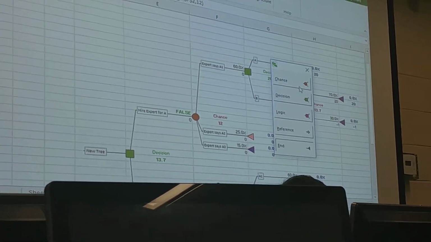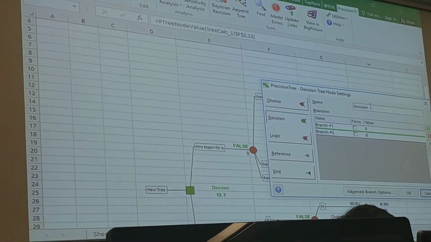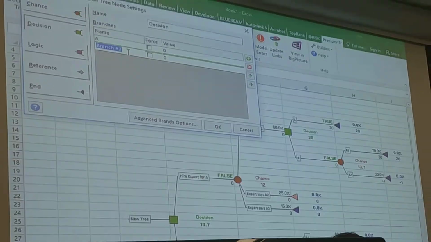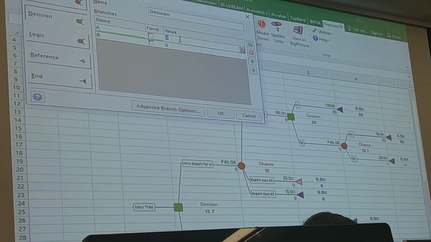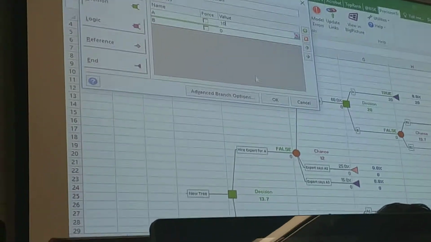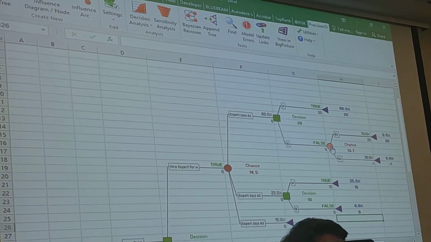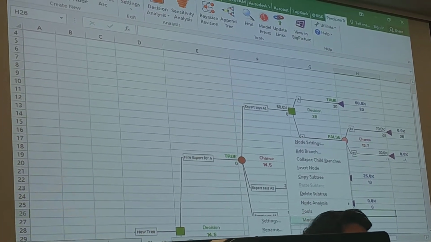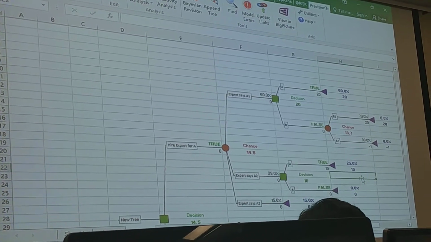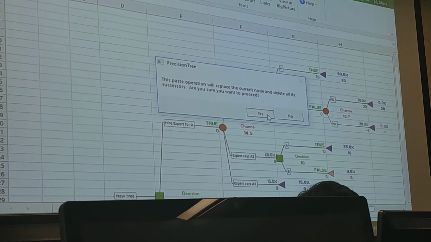When the expert says A2 happens, I make a decision here between A and B. For A, I know the outcome would be A2 for sure, so I answer 10. But for B, I will have the same uncertainty, so I just copy that and paste it to this last node because it's the same.